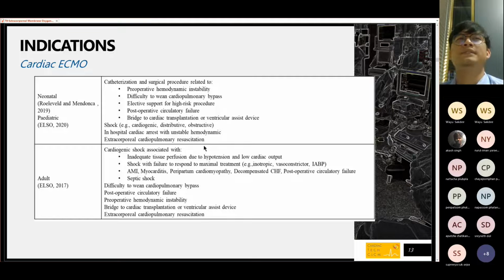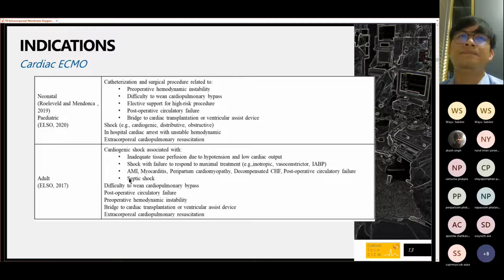the surgery. Another classic indication is called a cardiogenic shock. It seems like ABP, right? So if ABP with inotropic drug and any vasoconstrictor cannot help, so you're gonna think about the ECMO.